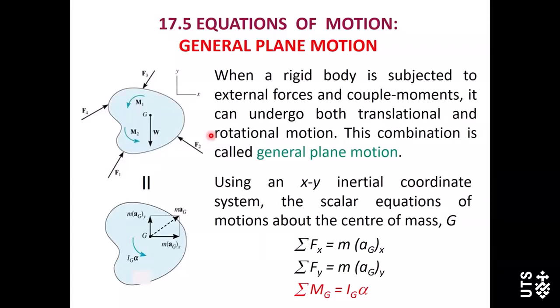If we use the x, y coordinate system, here we have a free body diagram with all external forces F1, 2, 3, 4, and the two couple moments M1, 2. And here there's the weight force.